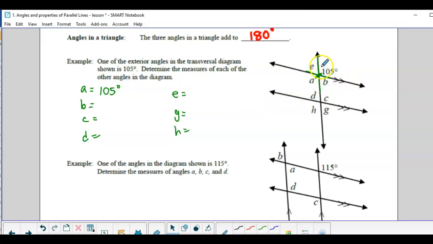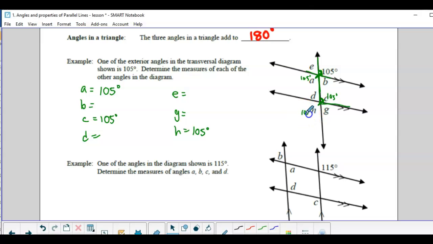Then think about our corresponding angles. If I did an upside down F, then this angle here is the same as this angle here. So C is 105 as well. You could write those in there, just so you have them. Then again, these are vertically opposite, so H is 105.